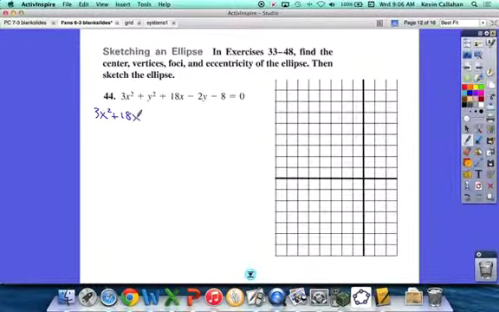And in this case, you don't have it on the x squared. What do you do for a first step? You factor 3 from both terms, right? So this becomes 3 times x squared plus 6x, plus y squared minus 2y equals 8.